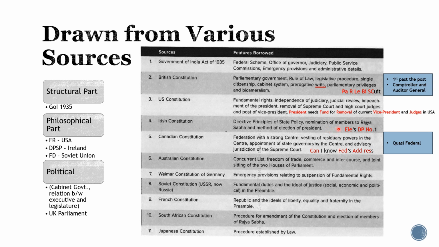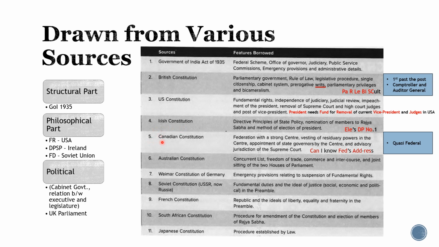Ellie's is the election method of the president. DP is DPSP. Number one stands for nomination of the members of Rajya Sabha. So LSDP number one is Irish Constitution.